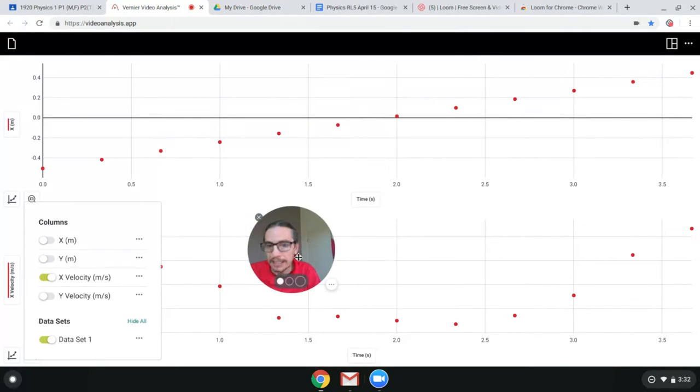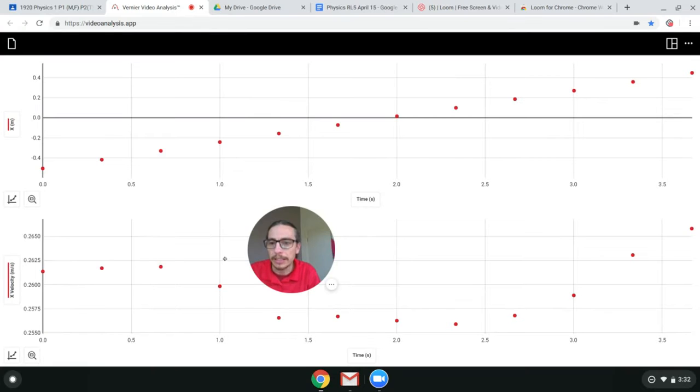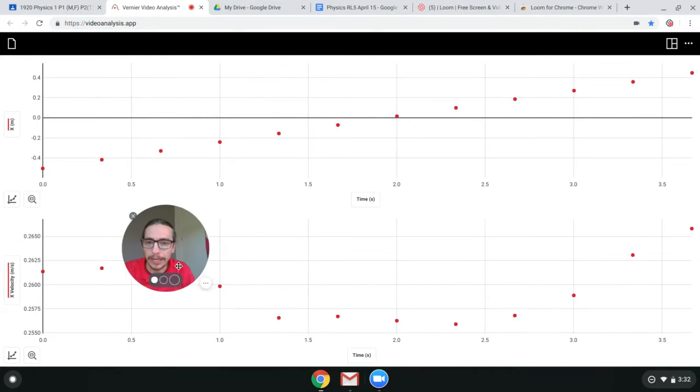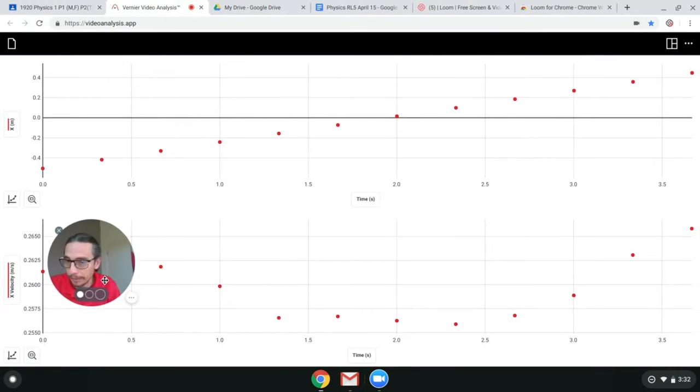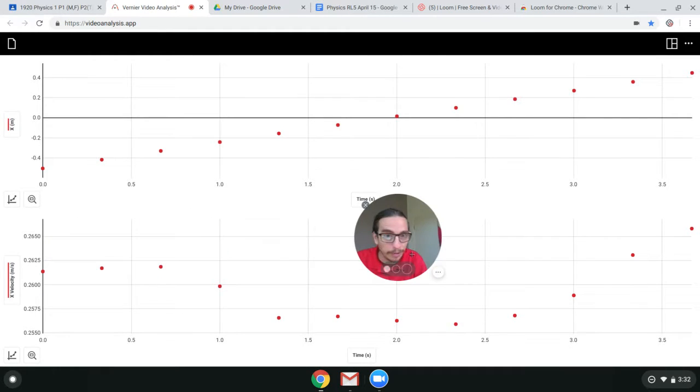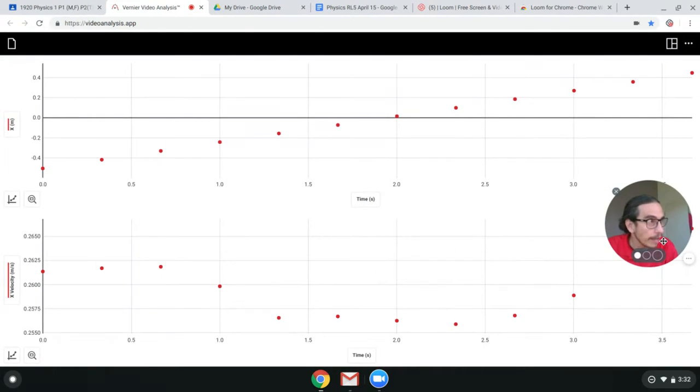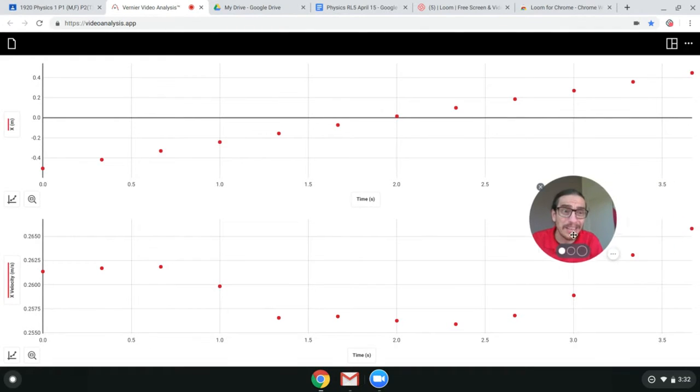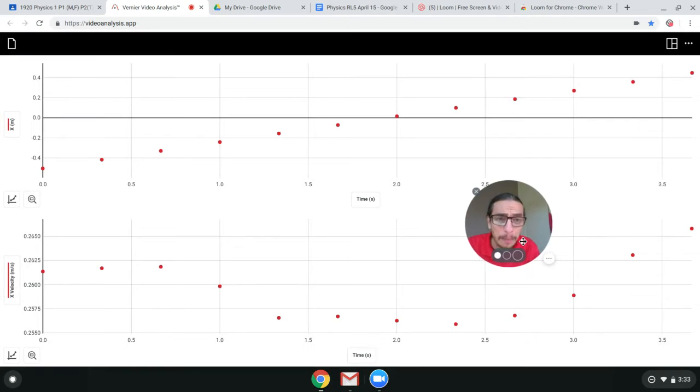Okay, my data is all messed up. Wait a minute. If you seriously look at it, this point over here is at 0.26 something, and this point over here is at 0.265. That's like off by a millimeter per second.